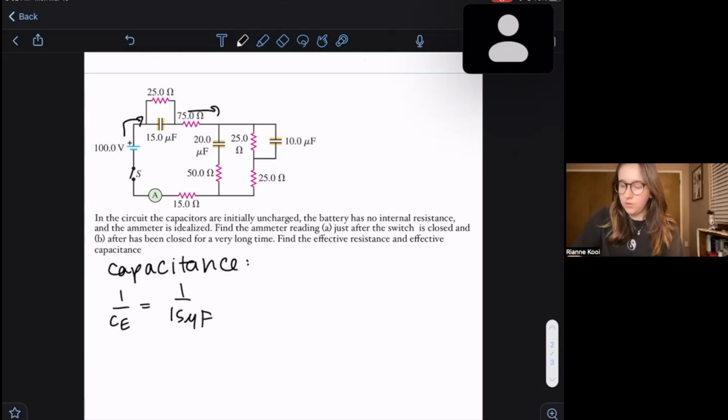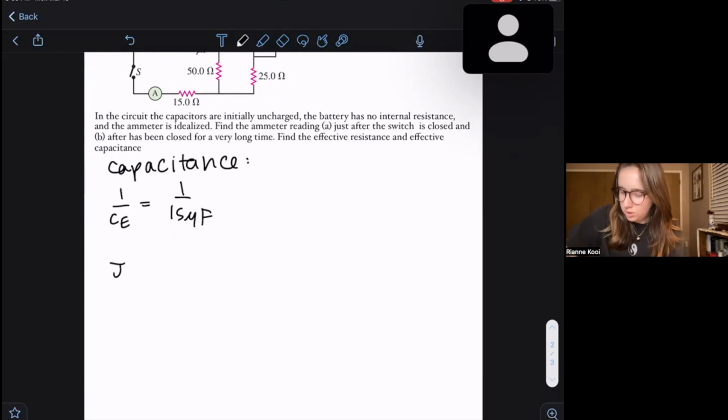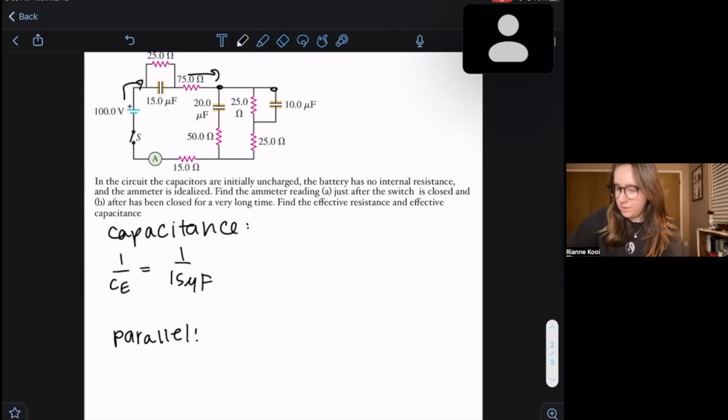Then as we go to the right, we have two new junctions, and these are in parallel. Since these are in parallel, they just add together like regular.